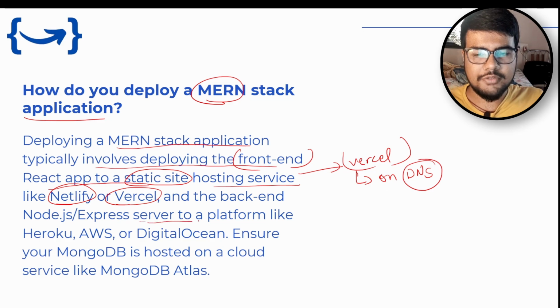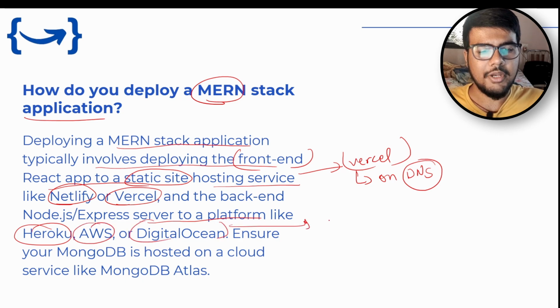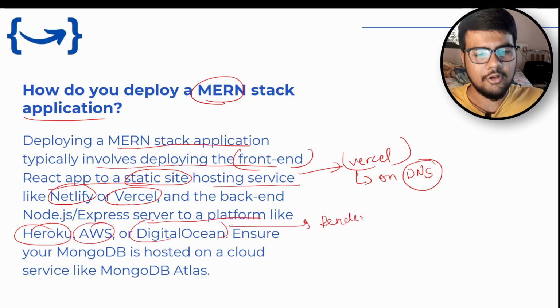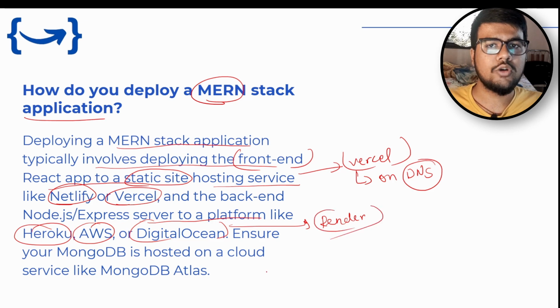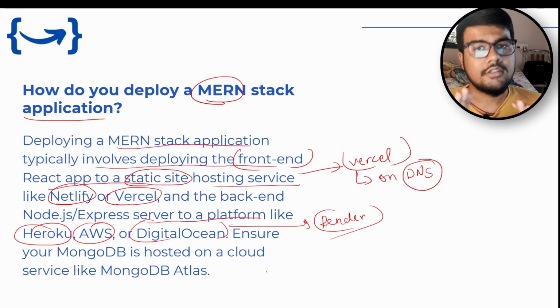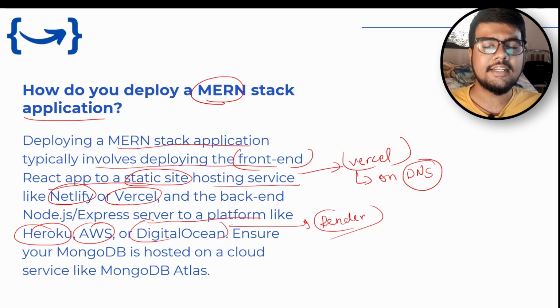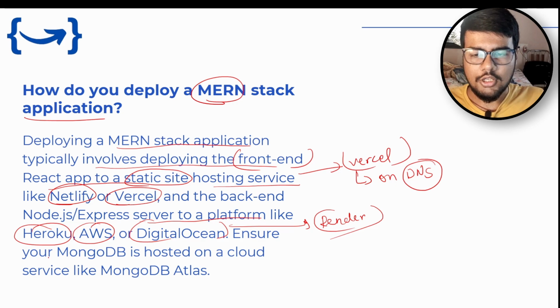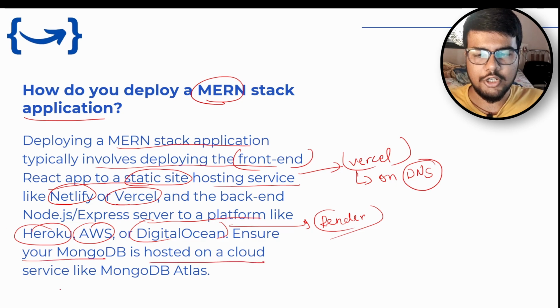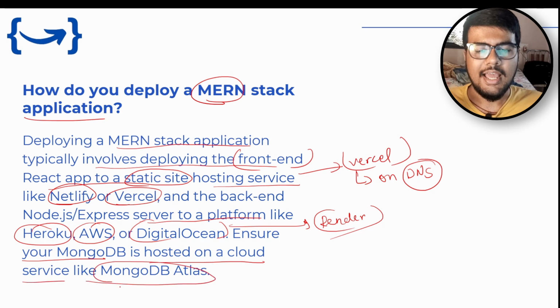For a backend Node service, there are platforms like Heroku, AWS, DigitalOcean, and many others such as Render. I have used Render because it is free, and there is a particular amount of traffic that it can easily handle. Ensure your MongoDB is hosted on a cloud service like MongoDB Atlas.